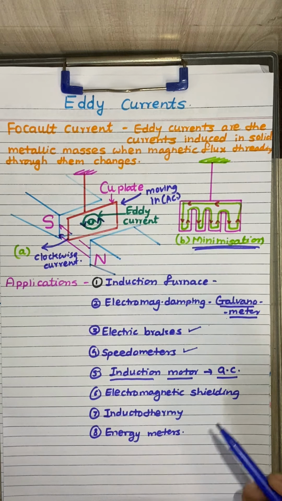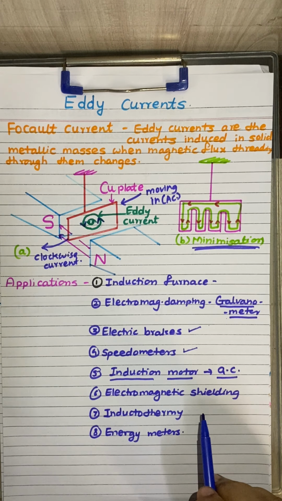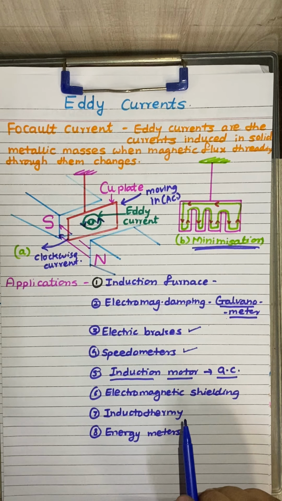Another application is electromagnetic shielding, in which eddy currents are used for shielding, and the change in the magnetic field is partially detected at the points, and we can find out the shielding of that particular plate.